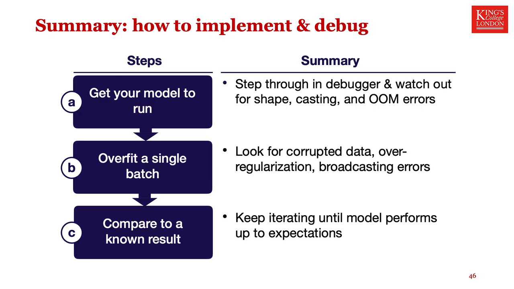We need to make sure that in the step of overfitting on a single batch, you are looking for corrupted data, over-regularization or issues with broadcasting, and that you keep iterating until your model performs up to expectations, primarily when the expectations are good sources of a reasonable performance that you would expect your model to have.